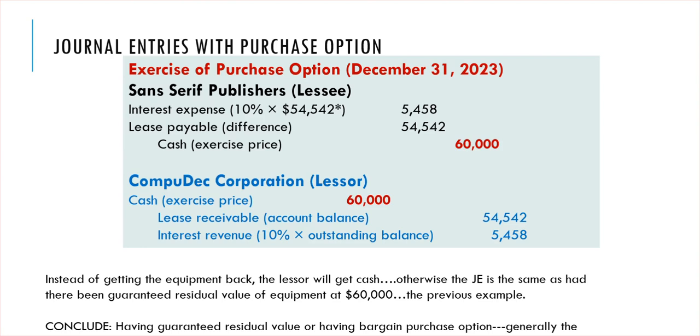Remember from the beginning when we had this finance lease with a lessor, we recorded it as a lease receivable. We transferred it from being equipment to a lease receivable in the beginning. Well, we don't put the equipment back on our books because the lessee has taken it. They have it. It's theirs. But we get cash. And so we record the cash coming in.